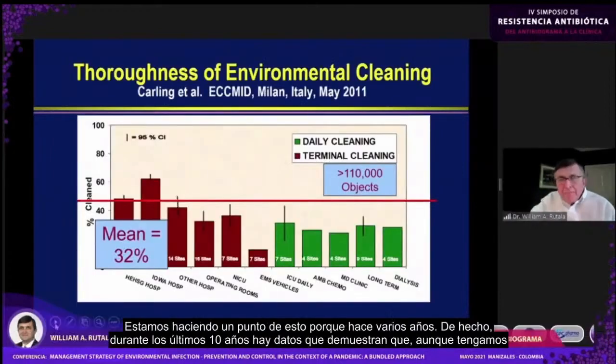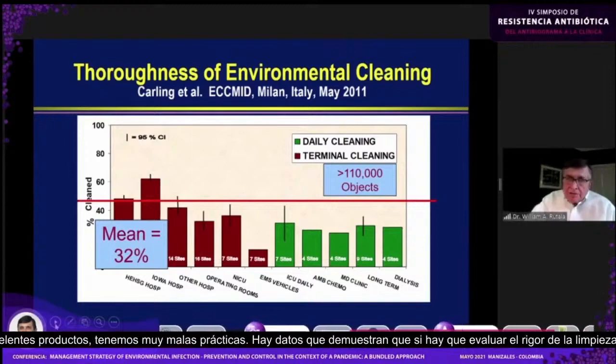Now, why are we making a point of this? We're making a point of this because for the last 10 years, there are data which demonstrate that although we may have excellent products, we have very poor practices.